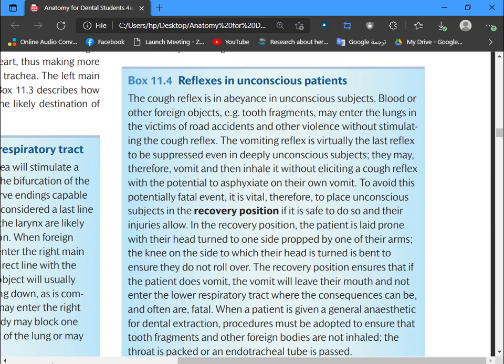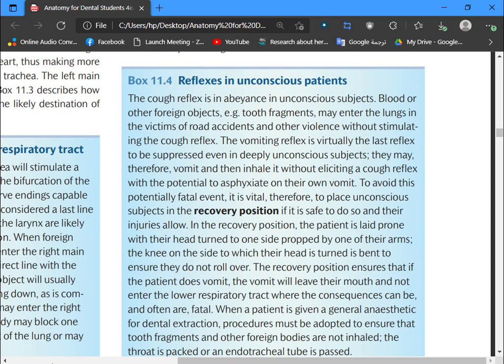The vomiting reflex is virtually the last reflex to be suppressed, even in deeply unconscious subjects. They may therefore vomit and then inhale it without eliciting the cough reflex, with the potential to asphyxiate on their own vomit.